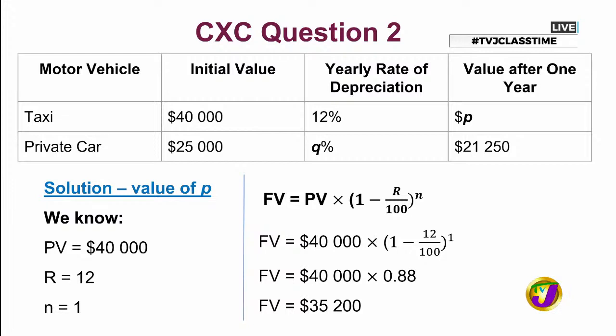And this 0.88 is clearly less than 1 whole. So that gives me a clue that I'm expecting a smaller amount of money, a smaller value for this taxi. Definitely. So $35,200.